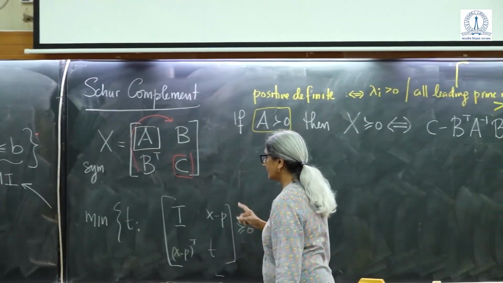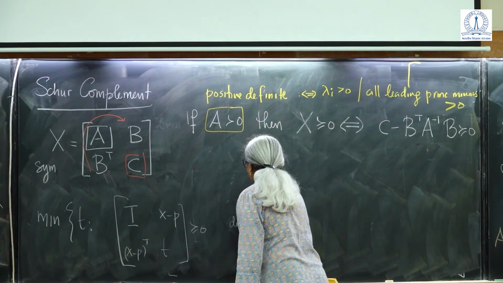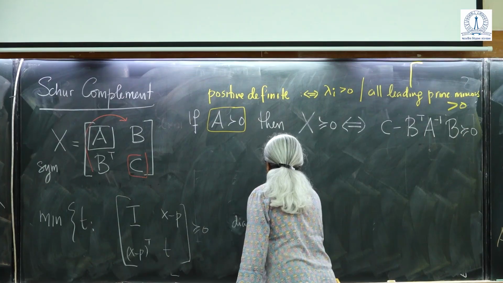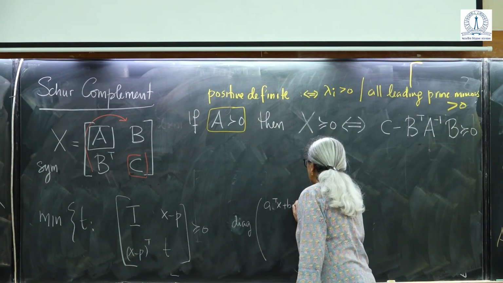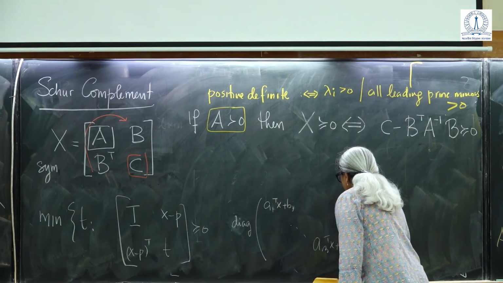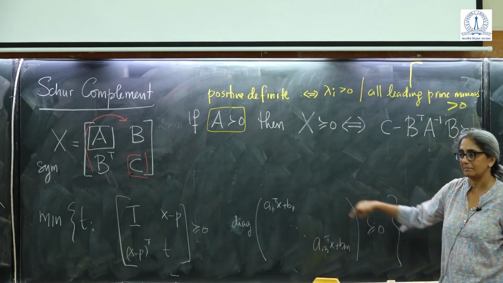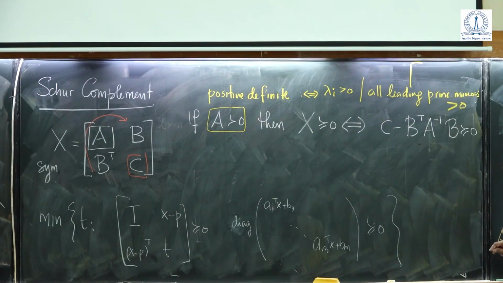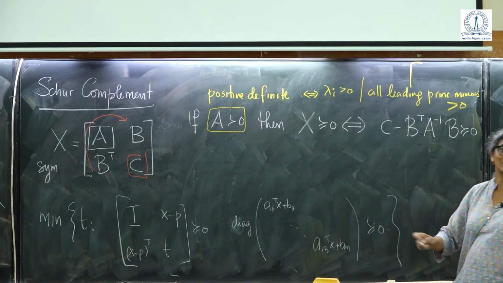And then we had that other LMI, the block diagonal of A1 transpose X plus B1 up to AM transpose X plus BM, which is PSD. This was the big LMI that we constructed before. So now I have two things that are PSD.